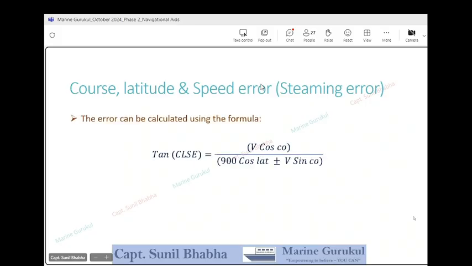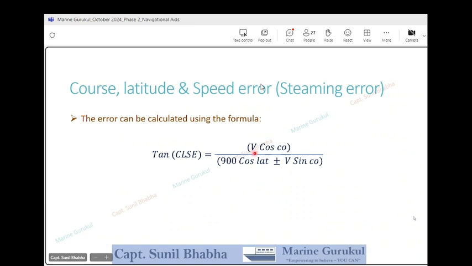The formula is: tangent of CLSE is equal to V cos course divided by 900 cos lat plus or minus V sin course. CLSE is the course latitude speed error, or the steaming error.